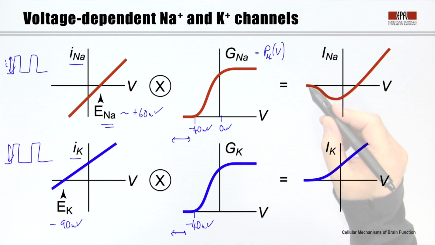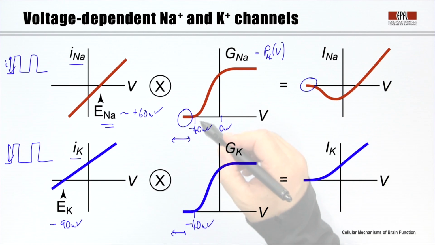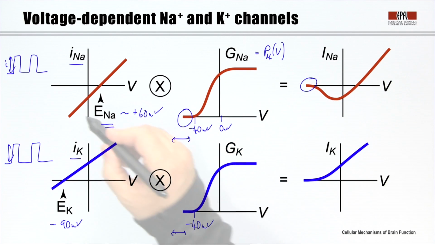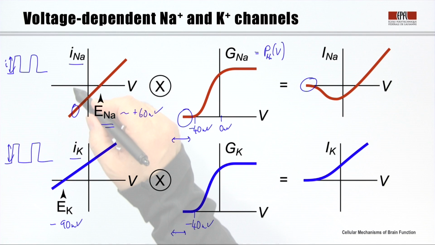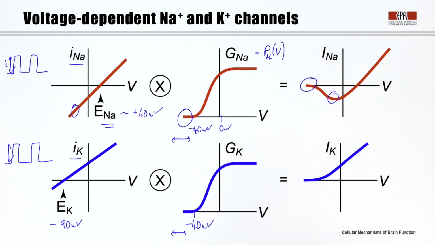At negative potentials, the ion channel is closed, and therefore there's no current that flows. As we move through minus 40 millivolts and the open probability begins to become significant, we get single channel conductances that are substantial and give rise to an inward current.